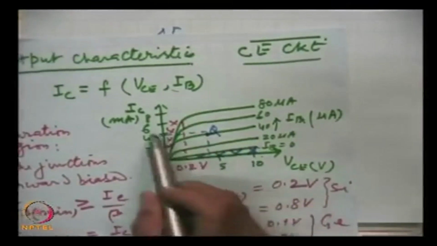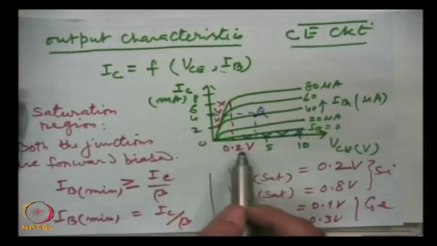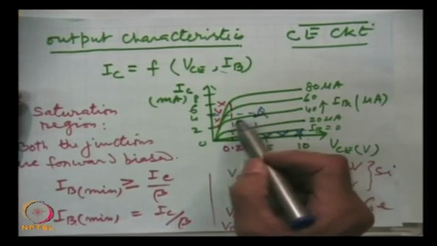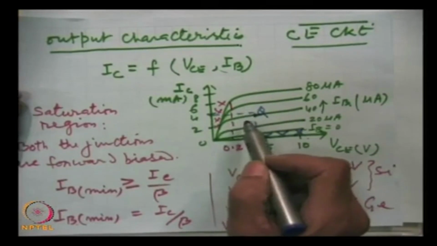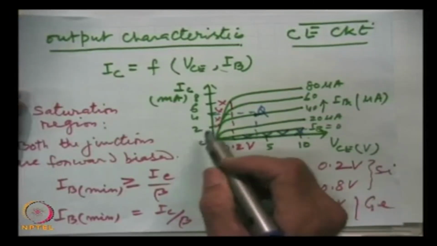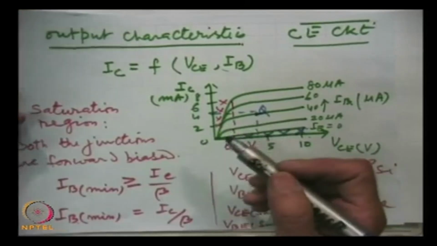Also, because these two quantities pertain to the output circuit, the slope will give the output impedance or output resistance of the circuit.